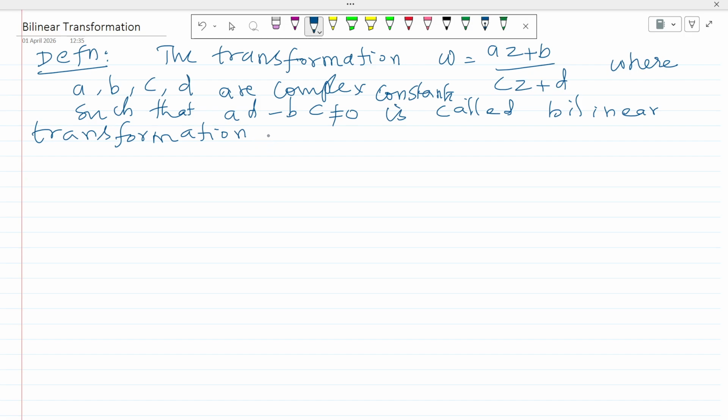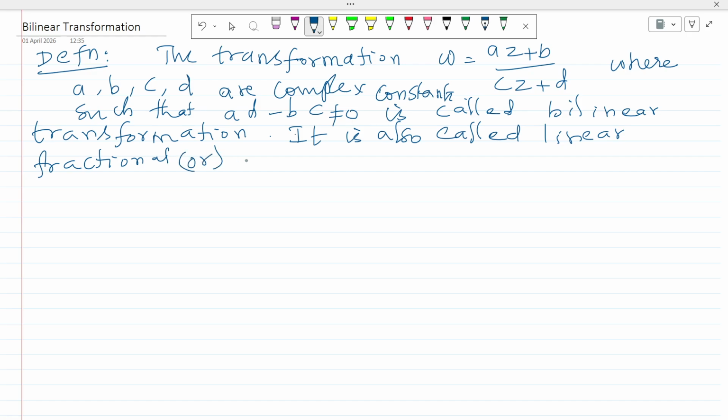It is also called linear fractional or Mobius transformation.